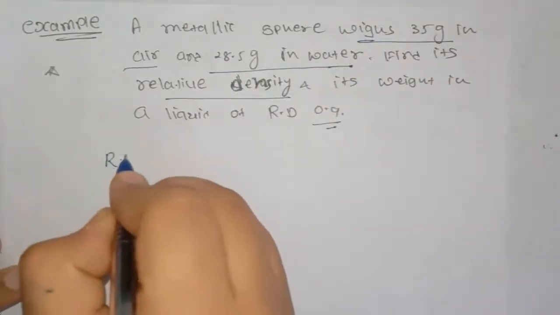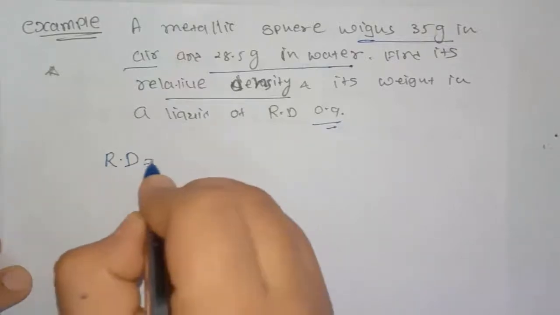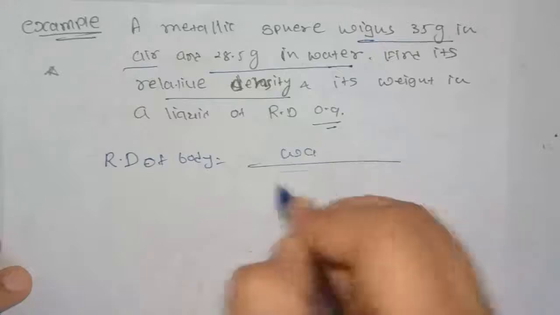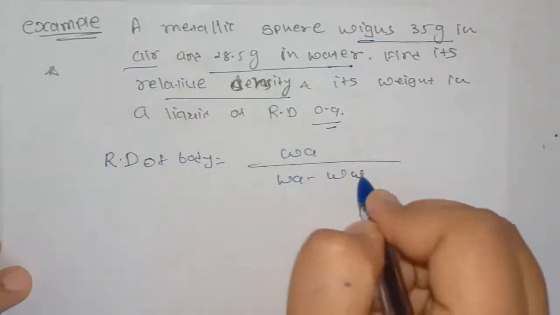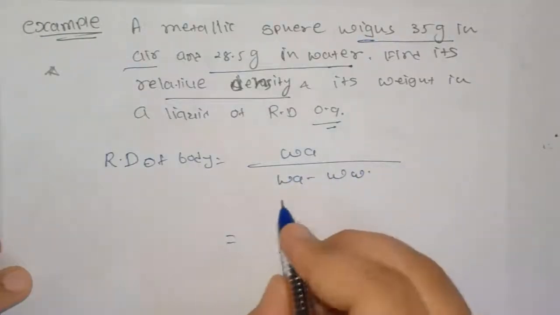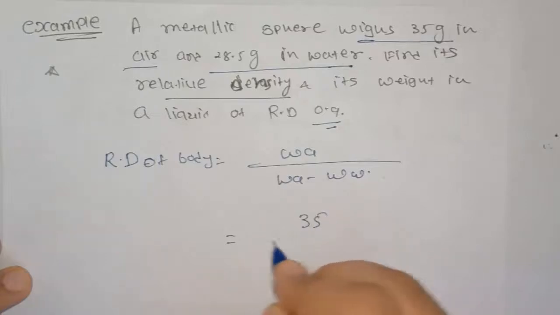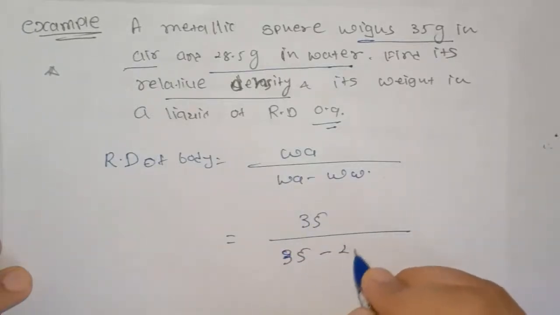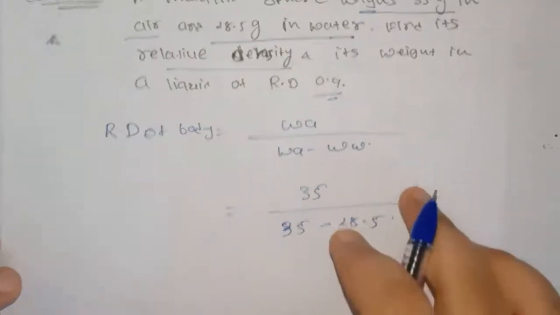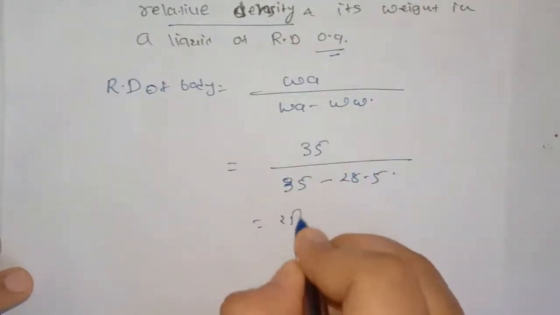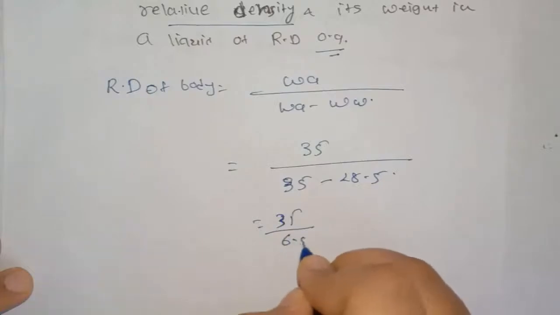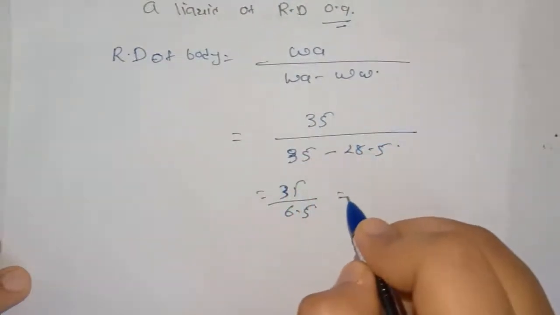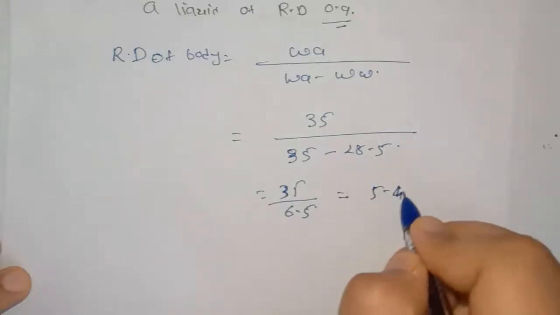The relative density of body is given by weight in air upon weight in air minus weight in water. Weight in air is 35 gram divided by 35 minus 28.5. So this will be 35 divided by 6.5. Simplifying this, we will get relative density of body as 5.4.